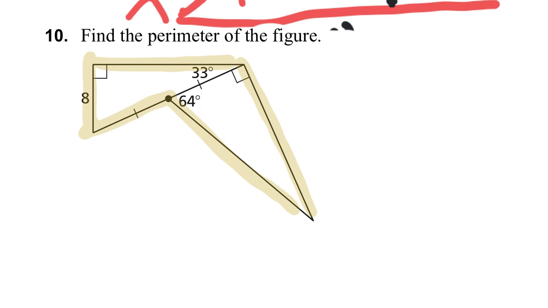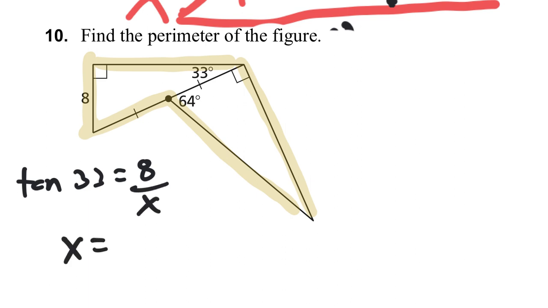So I can find this side because it's my adjacent, this angle is 33 degrees, and 8 is the opposite. I can say tangent 33 equals opposite over adjacent, which would be x. When I solve for this, I get x is roughly 12.3. So I can put that up here, 12.3.